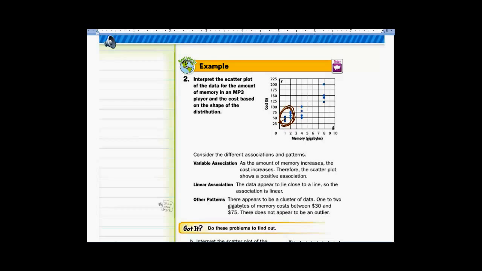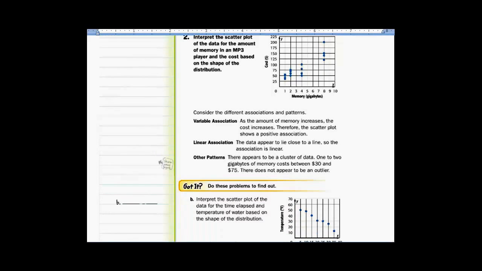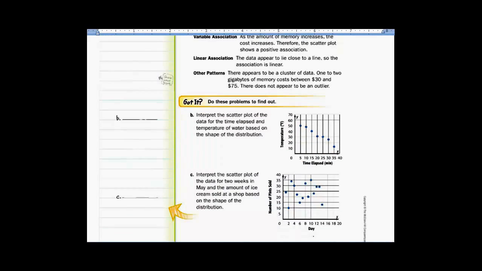So if I put that line right about there, I wouldn't even consider that an outlier. It would have to be something like down here, something way off the trend. So no outliers for that one. Okay, so looking down here, let's do this part.